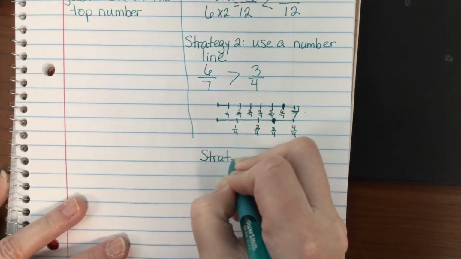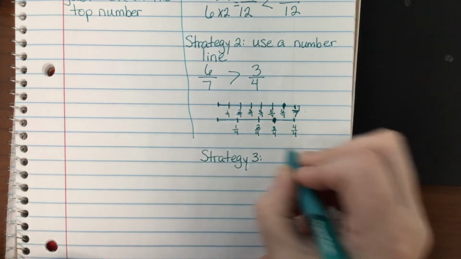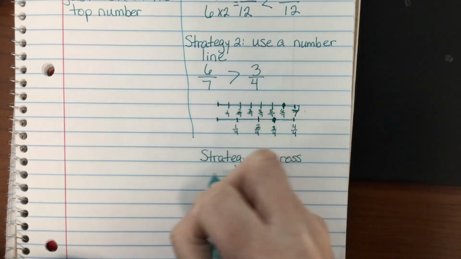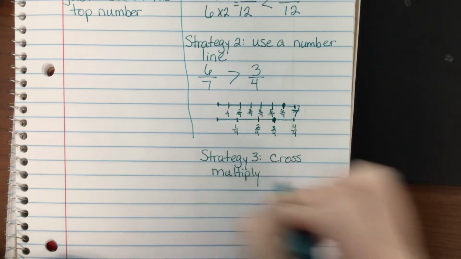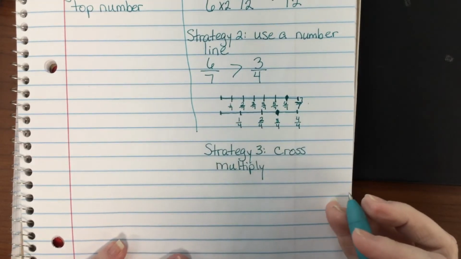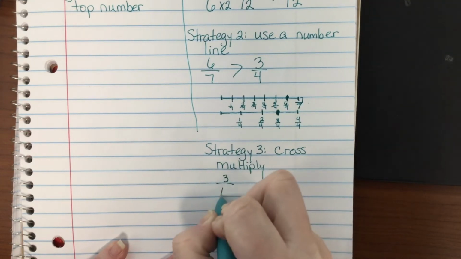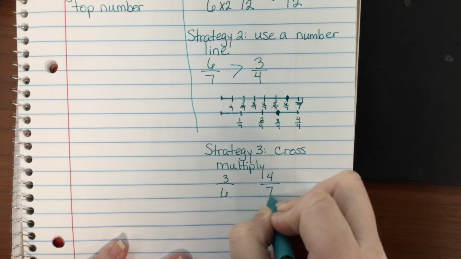And the third strategy, which I think will be your favorite, is to cross multiply. All right, let's say I have 3 6 compared to 4 7s.